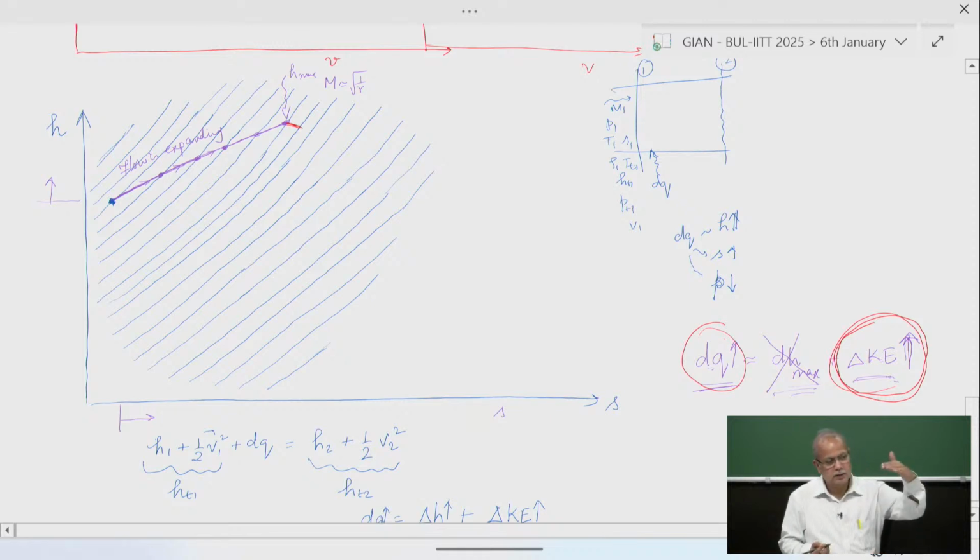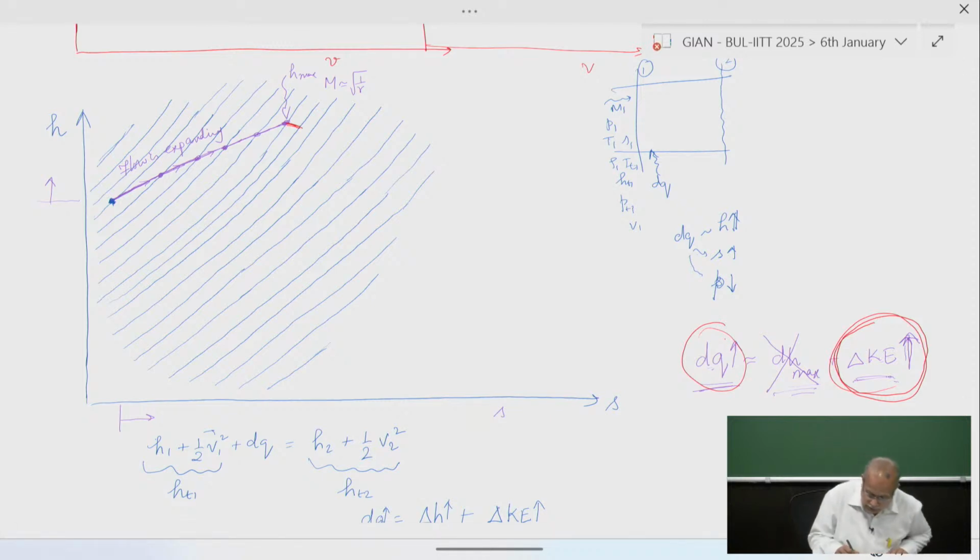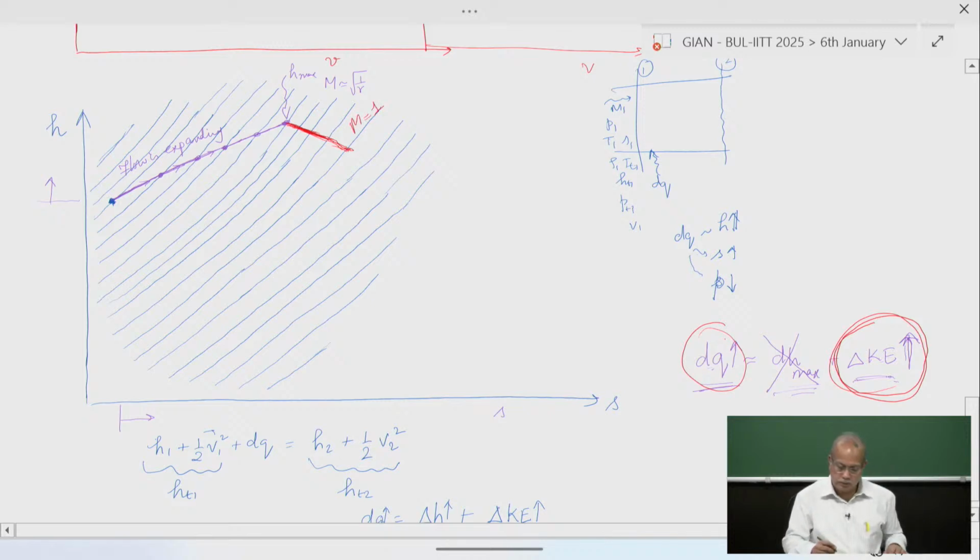So the energy from the flow decreases and the flow continues to accelerate, because it is going in the direction of decreasing pressure, and it reaches M equal to 1, the critical condition.